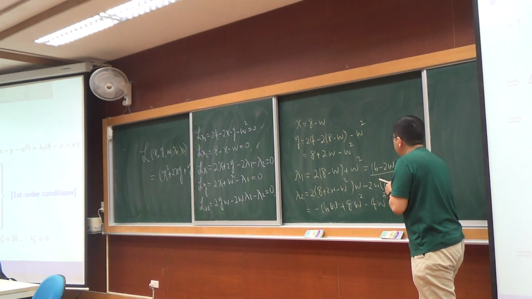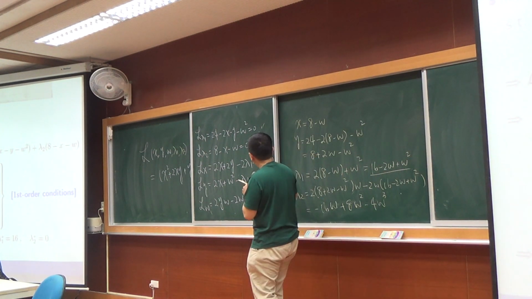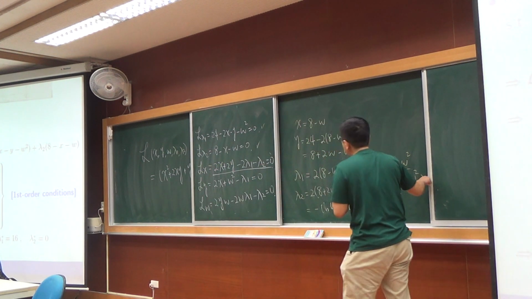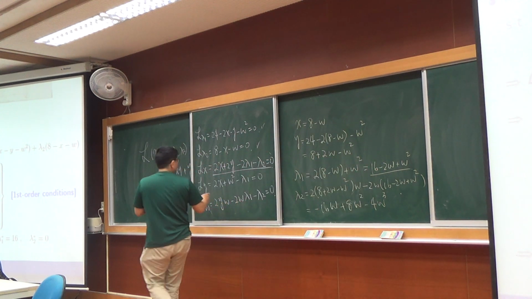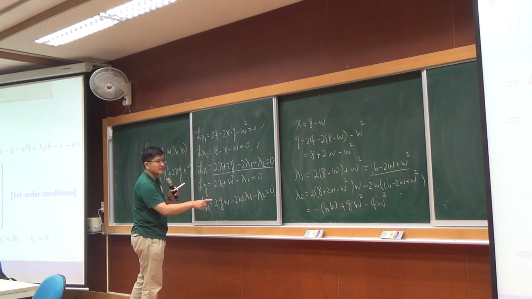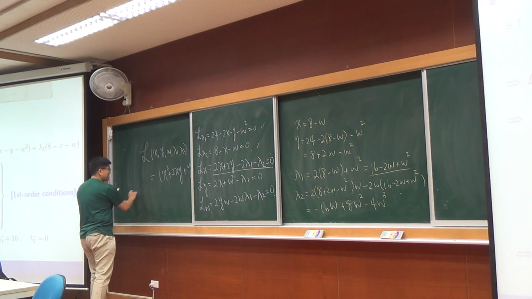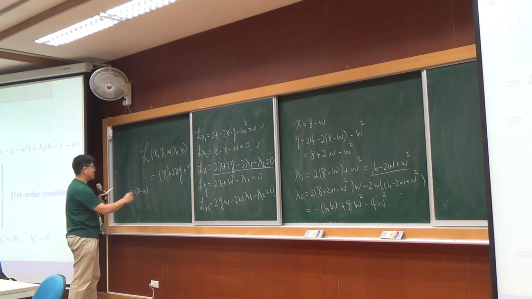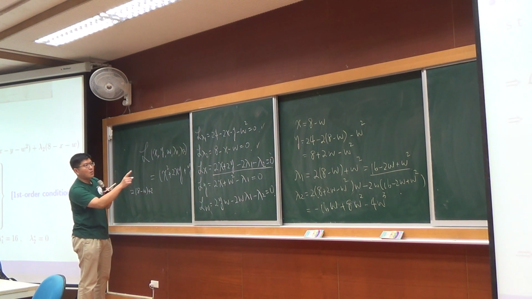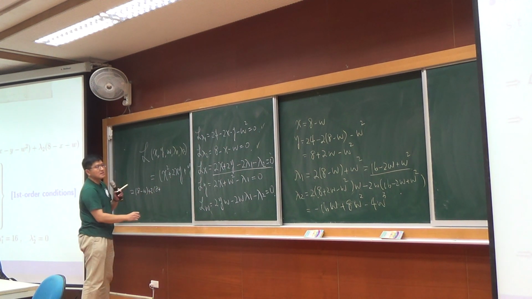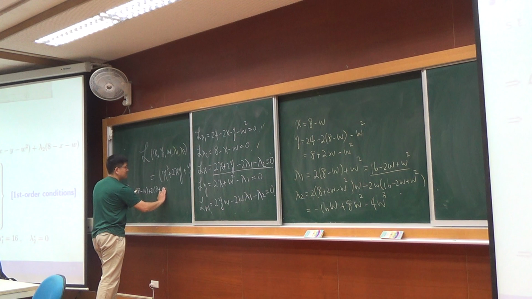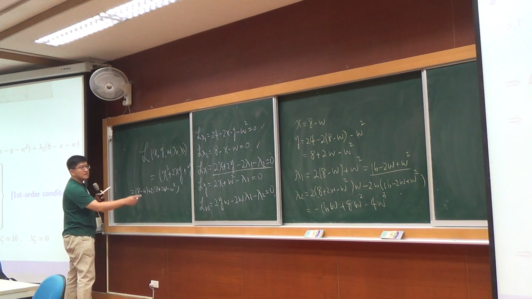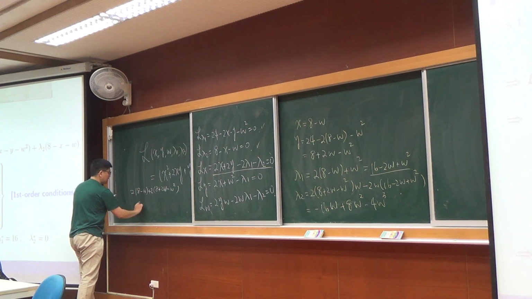Okay? And there's something we have not utilized, the third one. So we may use the third one to solve this. So 2x, what is x? 8 minus w, plus 2y, 8 plus 2w minus w squared, and minus 2 lambda 1.